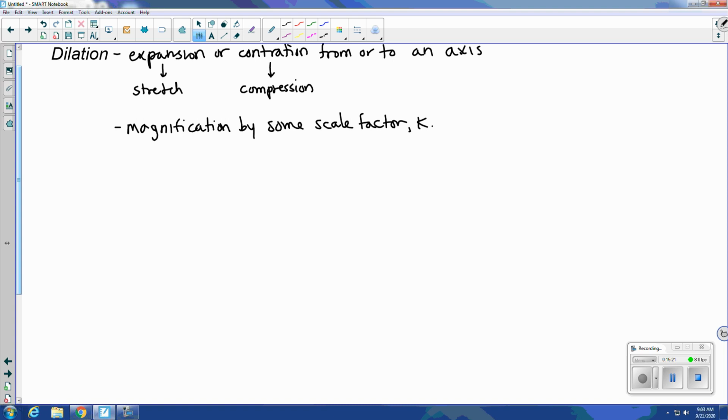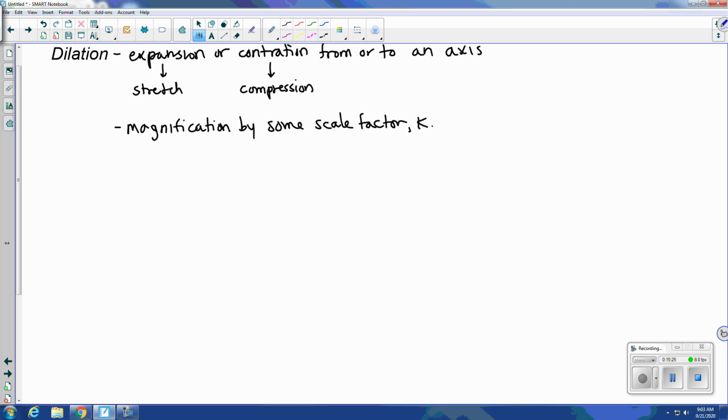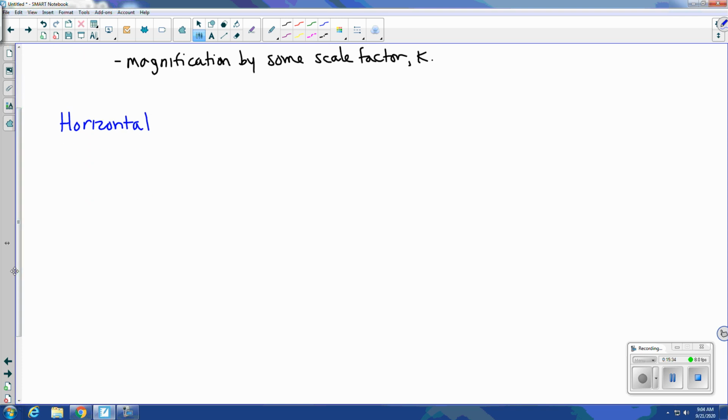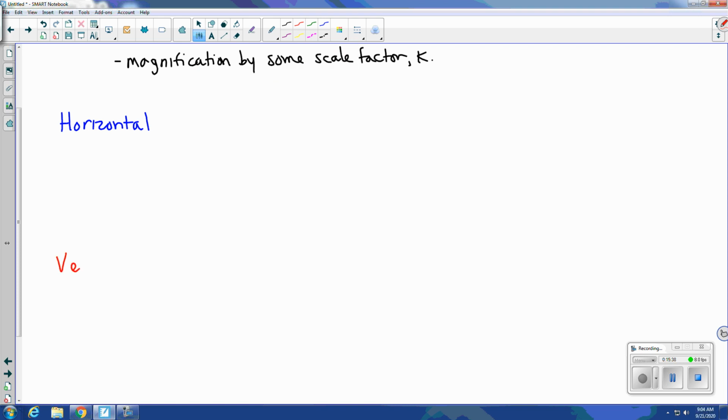So just like the other types of transformations we've gone through, we're going to be looking at horizontal dilations and vertical dilations. We'll just explore horizontal because the same procedure will be applied to vertical.